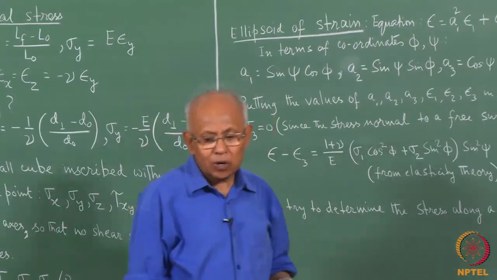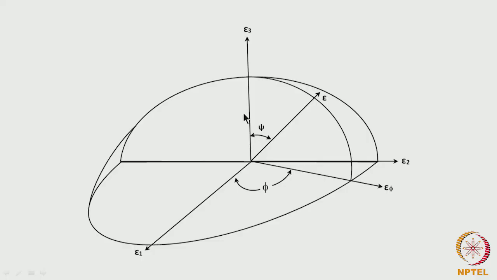Now, if we look at the situation here, this is an ellipsoid of strain. These are the directions of epsilon 1, epsilon 2 and epsilon 3.